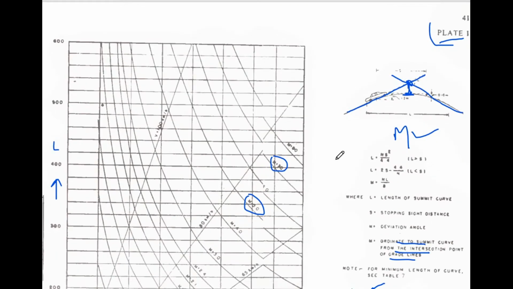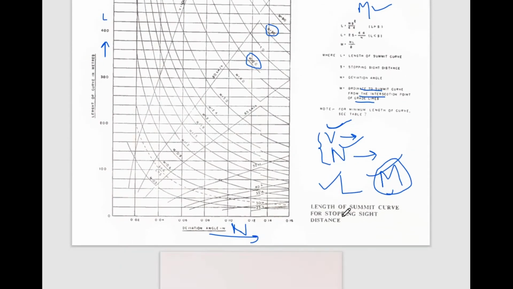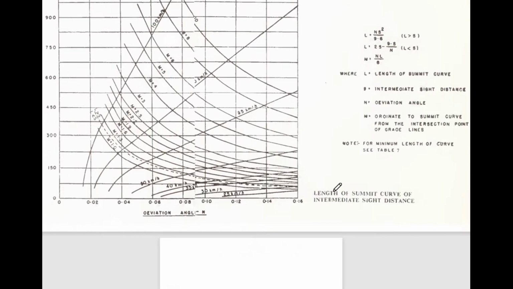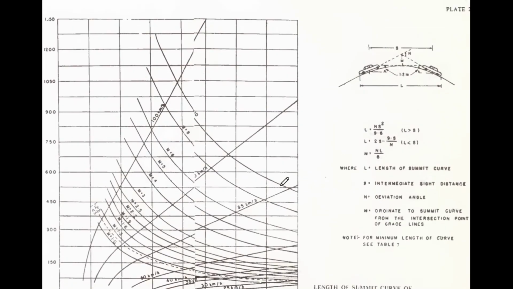Now we will move to plate 2. Before moving to plate 2, one thing I forgot: this plate 1 talks about the length of summit curve for the stopping sight distance, that is for SSD. And plate 2 talks about the length of summit curve for the intermediate sight distance. Here all the things are the same, just the formula is different.